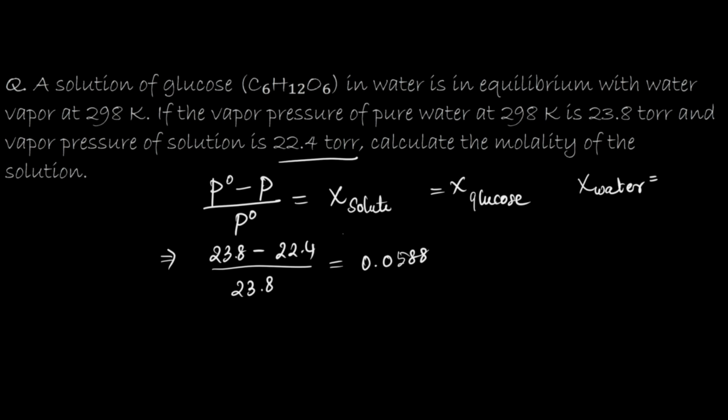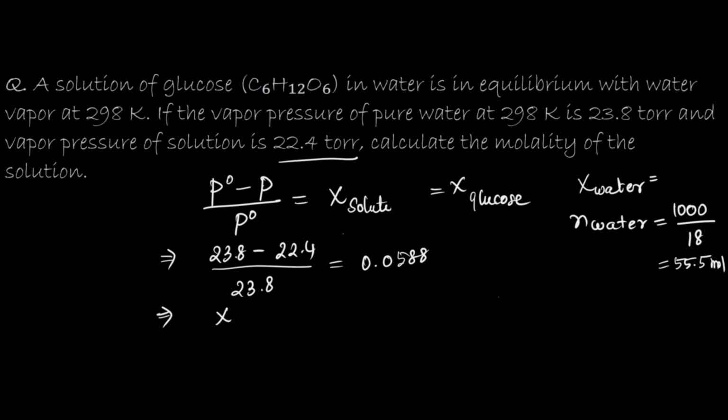So per kilogram, what are the moles of water? N water per kilogram is 1000 by 18, that is the molecular weight, which comes out to be 55.5 moles. Correct. So in that case, find out the n of glucose.